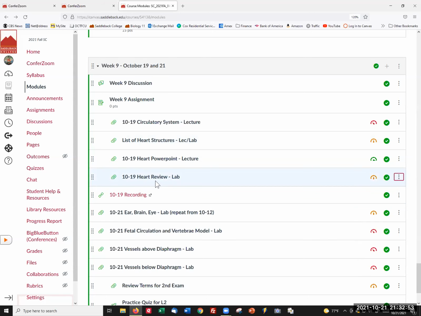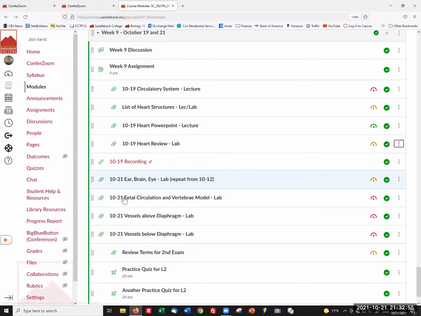Okay. If you take a look at the ear, brain, and eye, which I've shown you, that won't be until P3. Okay. But at the end, tacked on is a bunch of images of the heart that are included elsewhere.